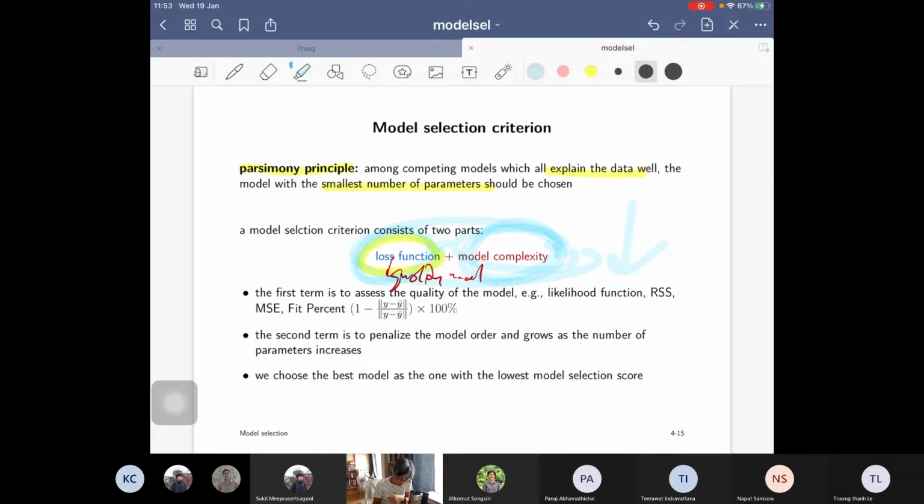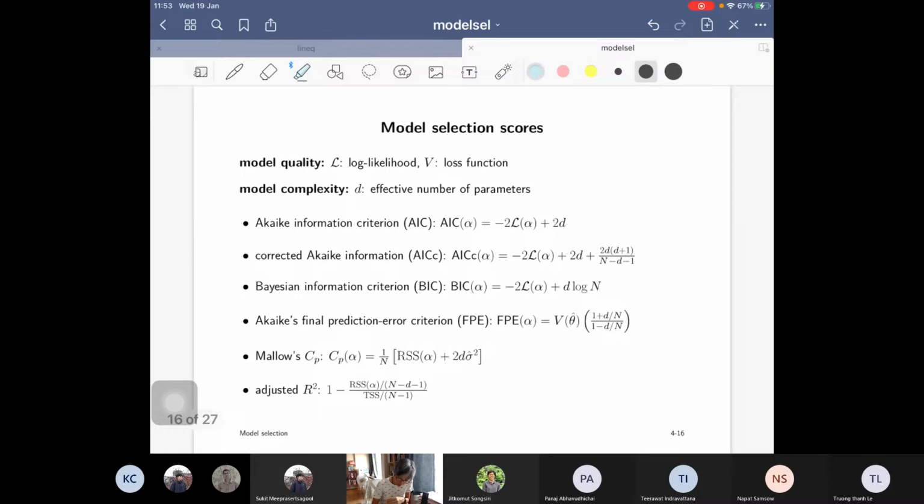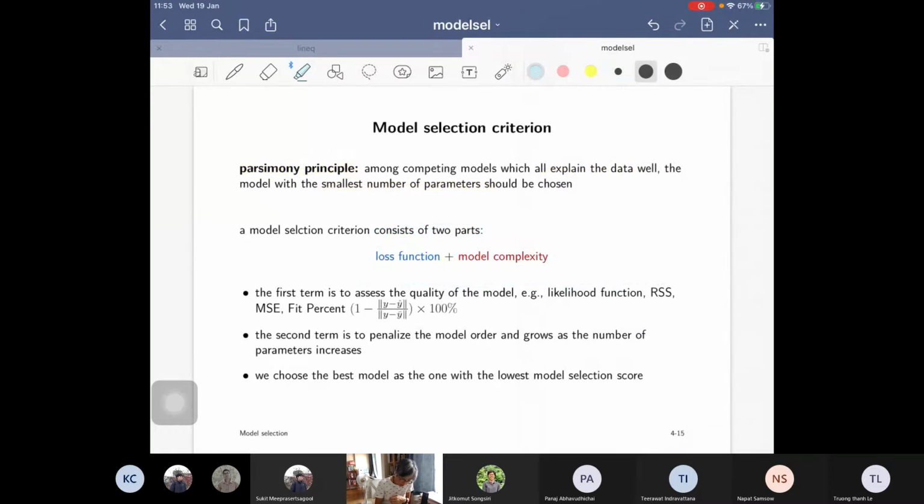For example, if you use a simple model, your loss function, for example MSE, will be high, but the model complexity, which can be determined by the number of parameters, will be low.